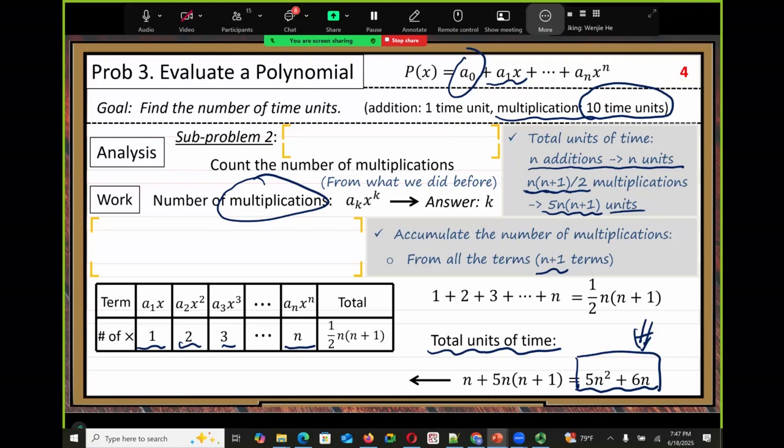So the number of multiplications is n times n plus 1, half of that. But in order to convert it to the number of units, you need to multiply by 10. So that's why 1/2 times 10, you get a 5. So n plus 5n times n plus 1.